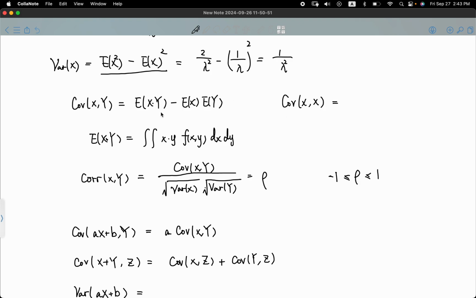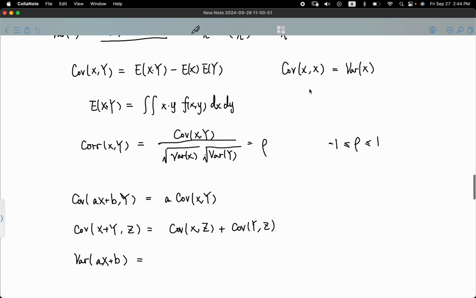You can see that when you have x and x, when you consider y as the x as well, you essentially have the second moment minus the square of the first moment. So that's why the covariance of x with itself is just the variance of x.